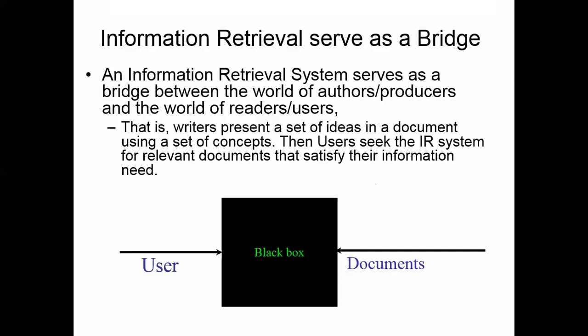Here in the slide, "an information retrieval system serves as a bridge." How can I identify every word? "An" is one word. "Information" is another word. "Retrieval" is a third word. How can I separate "an" from "information"? Sometimes multiple words form one word.